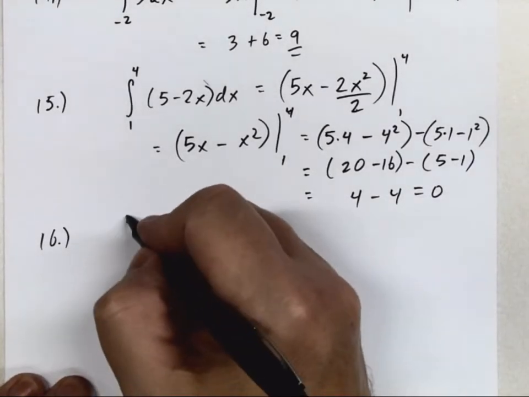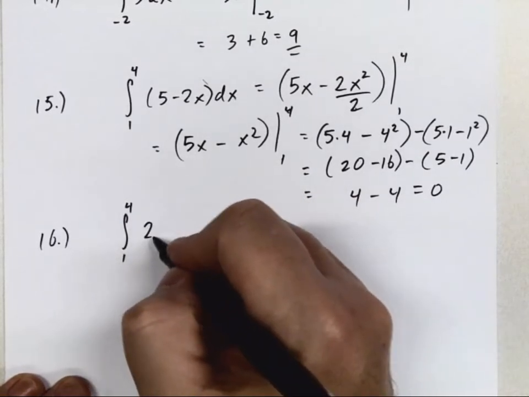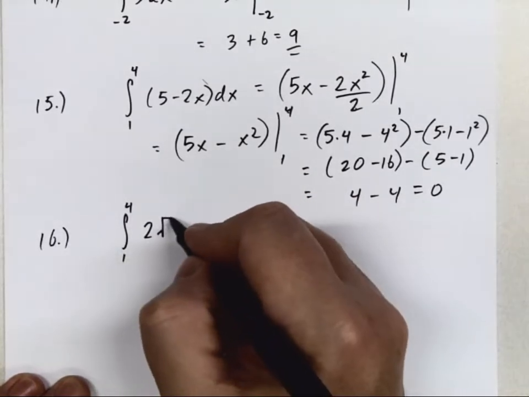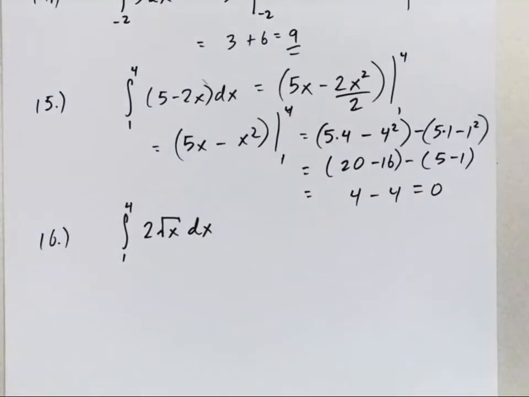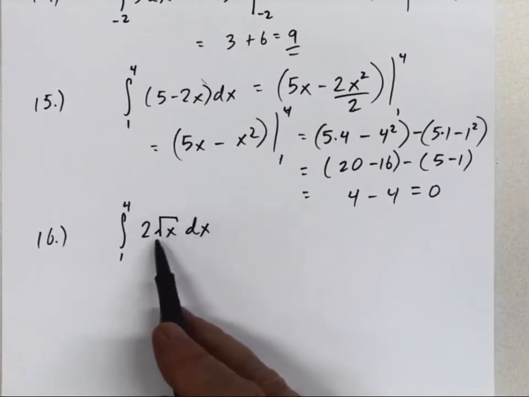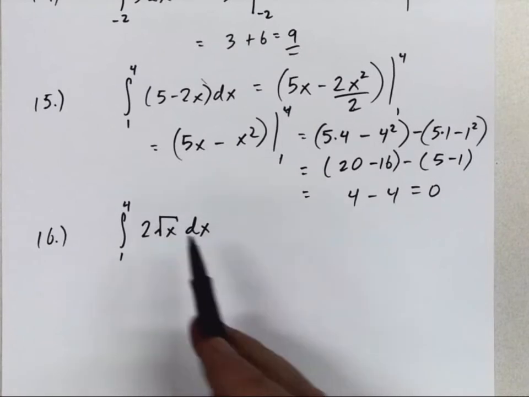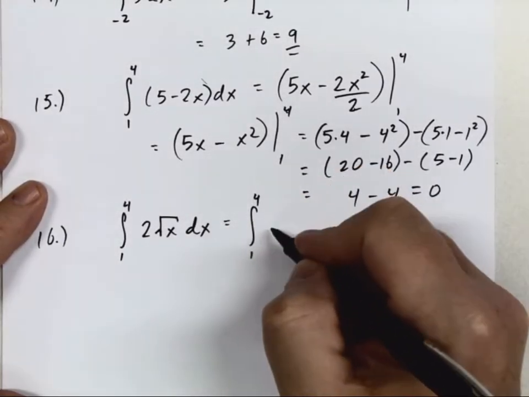From 1 to 4, number 16, the integral of 2 square root of x dx. So I know this is a definite integral, but the first thing I have to do is integrate. So now I'm thinking to myself, okay, square root of x, I know what to do with that.